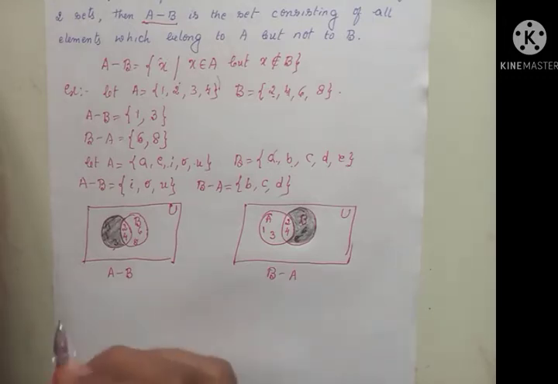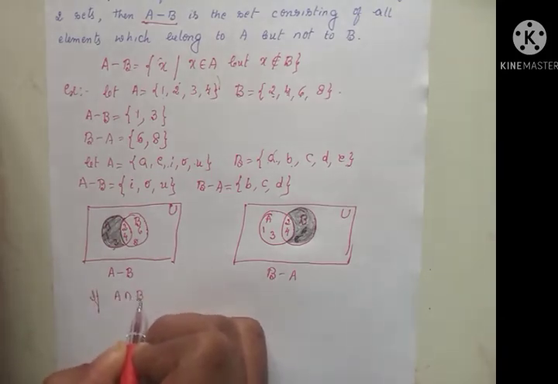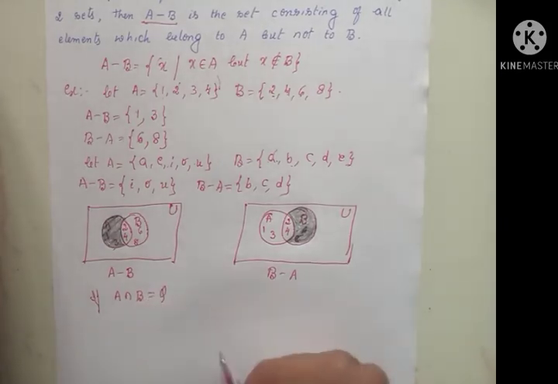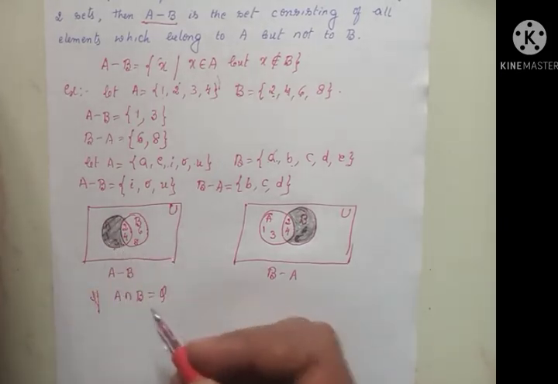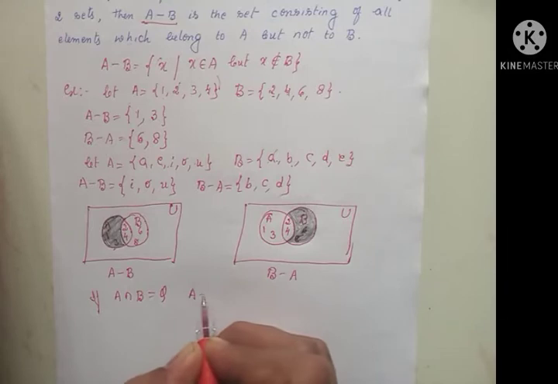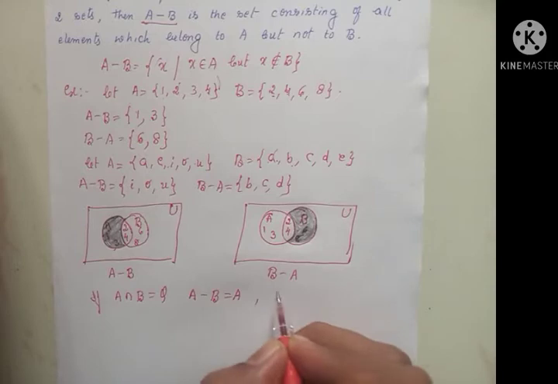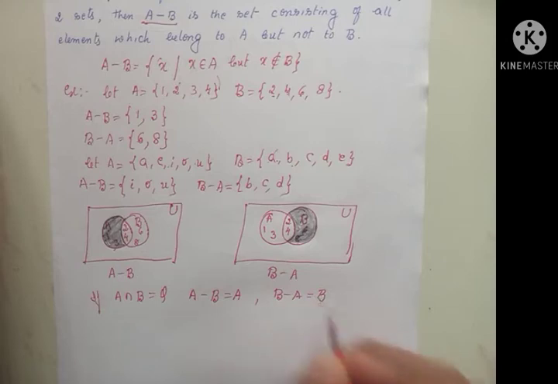Okay, there are some properties. If A intersection B is empty, that is, if the intersection of two sets is empty and there is no common element between A and B, then A minus B is nothing but set A itself, and B minus A is nothing but the set B. Because there is no element common, A minus B, the set of all elements of A which are not in B, is nothing but the set A itself.